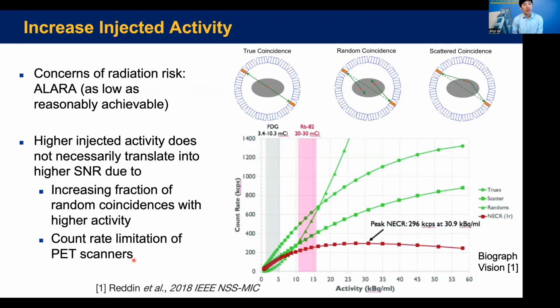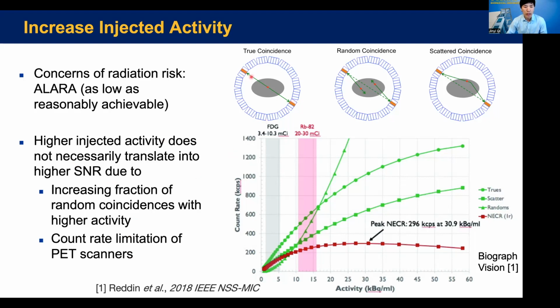So let's look at the first one, trying to increase the injected dose. Obviously, the concern is the radiation risk, whether it is significant or not, that's a different debate. But the guideline is we should use as low as reasonably achievable dose. There is also another issue related to PET data acquisition.